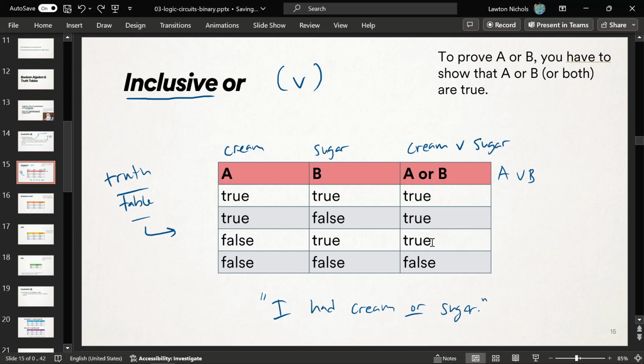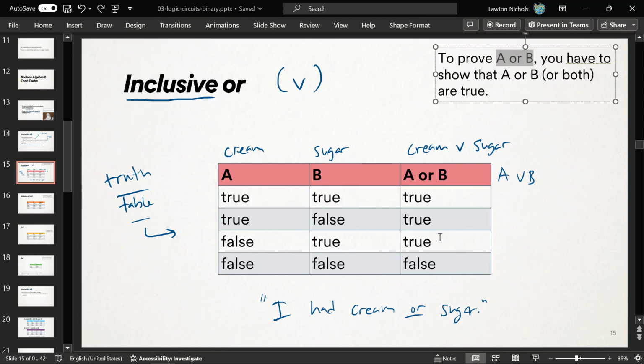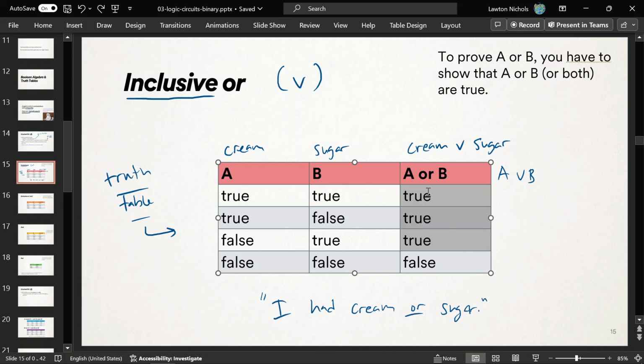That's completely different from the other kind of or. Inclusive or, you're allowed to have both. At the end of the day, you're trying to prove something in logic. To prove that A or B is true, you just got to prove that you're in one of these three rows, but not the last one. You got to show that either A or B is true, or both.